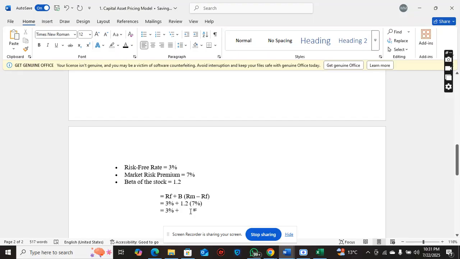If you want, you can leave them as percentages, because if you convert them into decimals, at the end you need to convert it to a percentage again. So you can leave them as percentages.